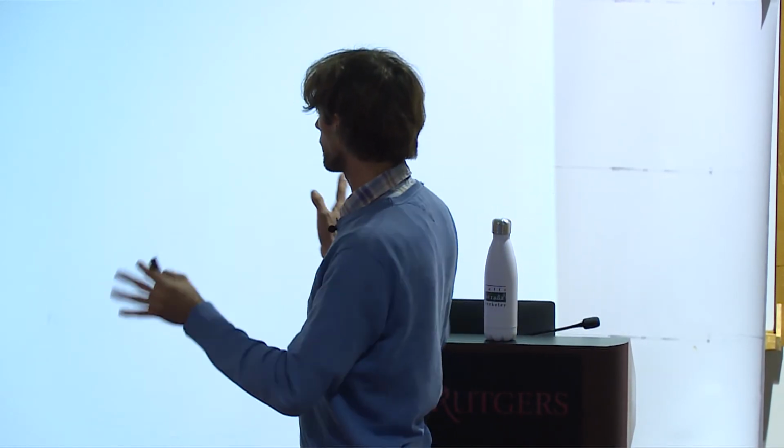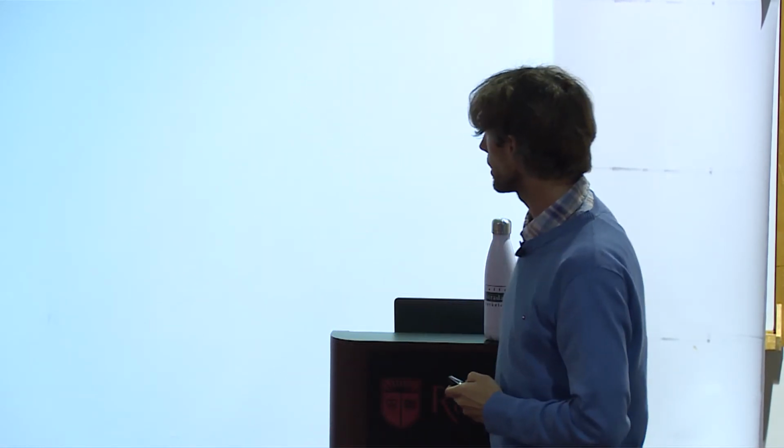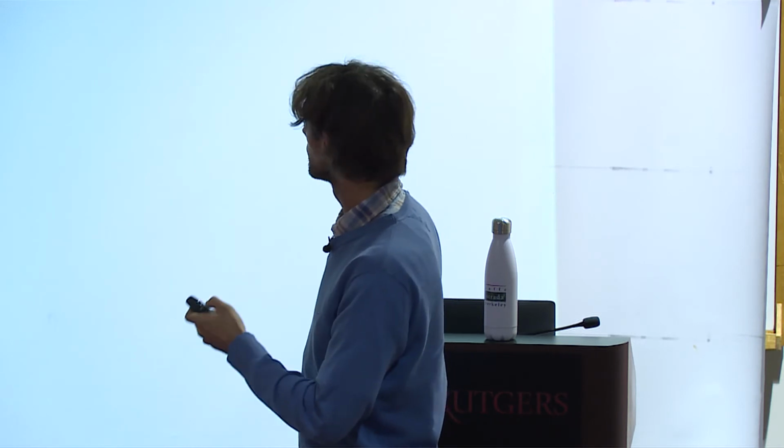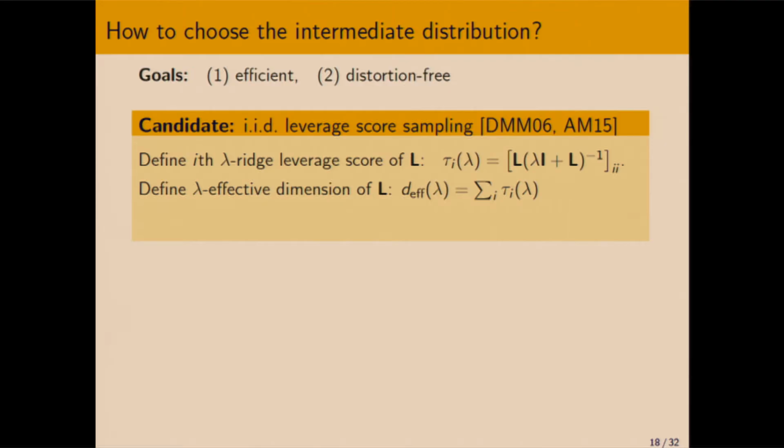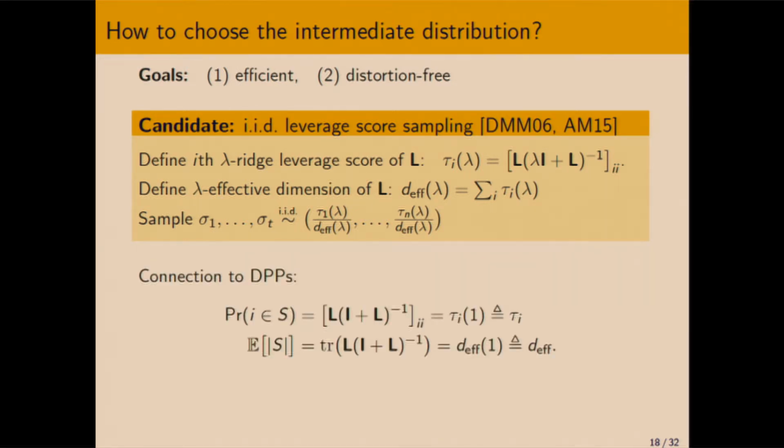So, I think we're all familiar with the definitions of ridge leverage score sampling and the effective dimension at this point. So this is how you sample IID according to ridge leverage scores. And why is this a natural candidate for the intermediate distribution? Two key properties are good to keep in mind.